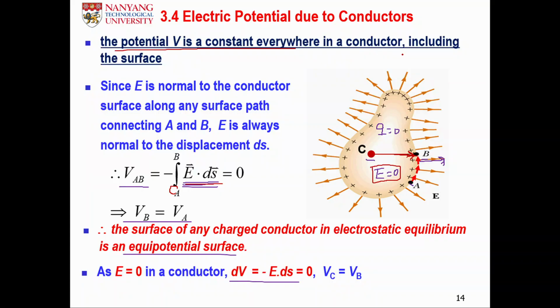So basically, 1, 2, 3, or delta V is always 0. These are the 3 very important properties for a conductor. Inside, Q and E are 0, and one more, the entire conductor is an equal potential object.